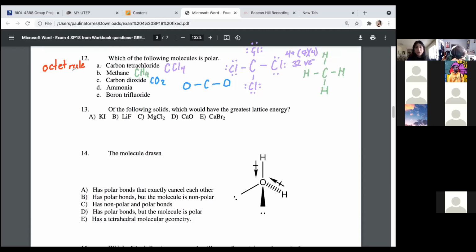They can't have any more, they can't have any less. So it's going to be for B, C, oh no, not B. Go back. C and O. All right, so carbon, nitrogen, oxygen, fluorine always have to have exactly 8. But other elements can break that rule.